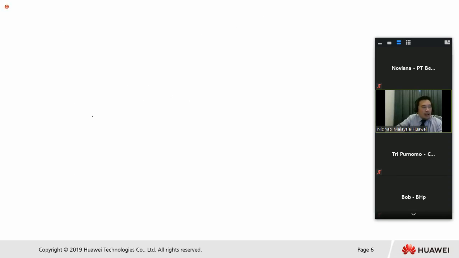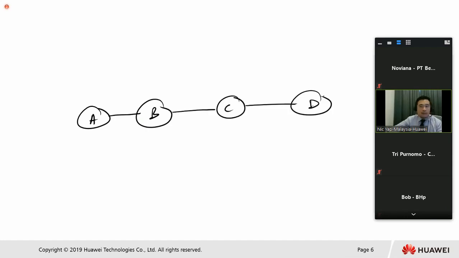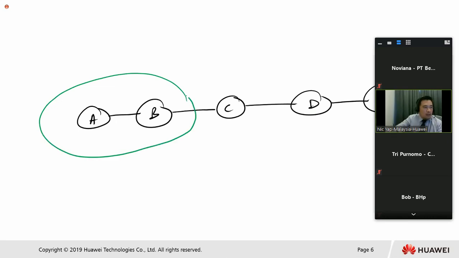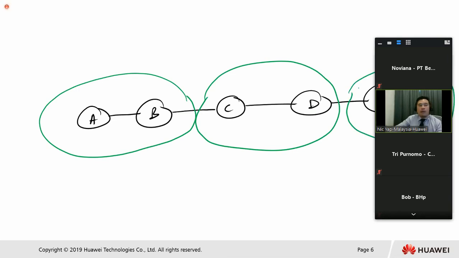So let's say right now I have router A, router B, router C, router D, and also router E. In this environment, let's say I have 3 different areas: 49.0001, 49.0002, 49.0003.